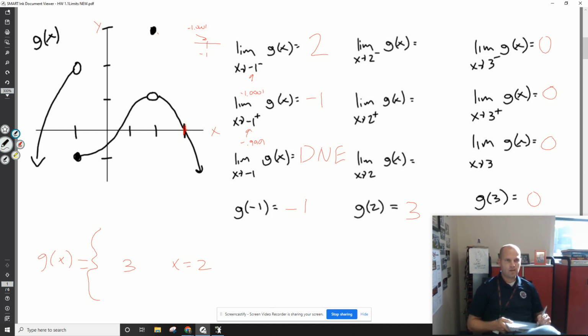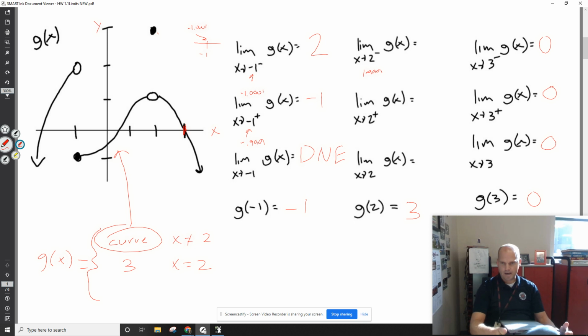Which means if I'm plugging in something like 1.999, I'm going to be approaching what this y coordinate would be, because these are all the values for this other piece. This is the curve I'm using for x's not equal to 2. If I plugged in 1.9999, I'd plug it into this.